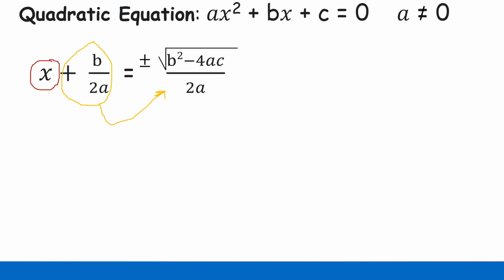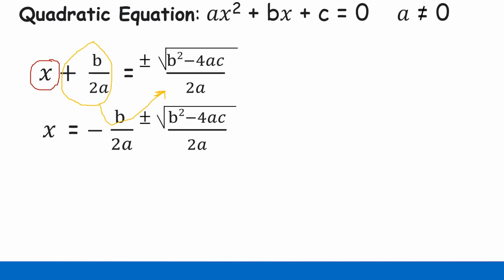And when we do that, the plus b over 2a, when it crosses the equality sign moving to the right-hand side, will now become minus b over 2a. So what we have now is x on the left-hand side as the subject of the formula, equal to minus b over 2a plus or minus square root of b squared minus 4ac all over 2a.